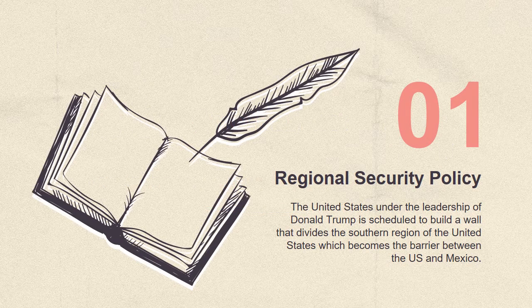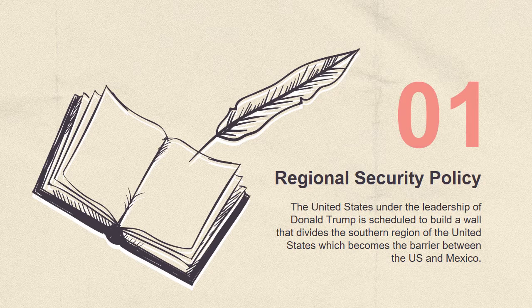Okay, here, foreign policy of the United States, America First, there are four policies. First, regional security policy. The United States, under the leadership of Donald Trump, is scheduled to build a wall that divides the southern region of the United States, which became the barrier between the US and Mexico. The construction of this national border wall was due to the large number of immigrants from Mexico who entered the territory of the United States.